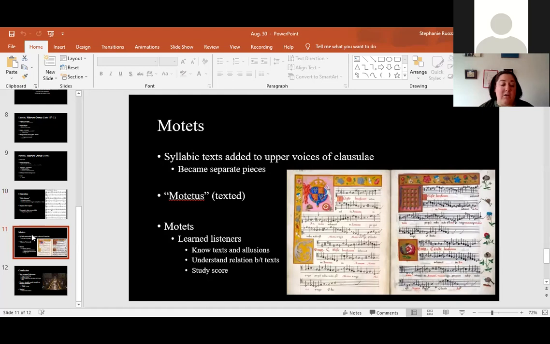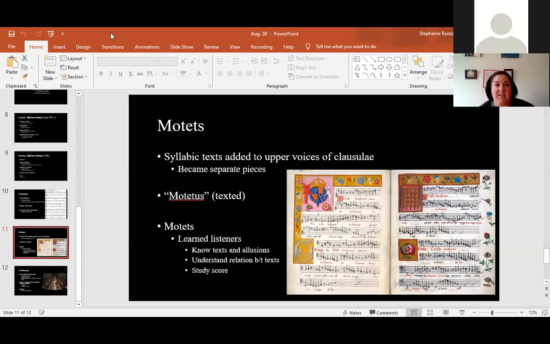Now we no longer call the duplum, we call it the motetus. And that comes from the French mot, meaning word. So this is in Notre Dame, they're speaking French. Mot means word. So we call that voice with its own text a motetus, a texted voice. So duplum out, motetus in, whenever we switch from clausulae to motets.